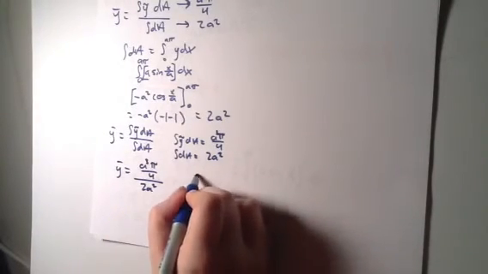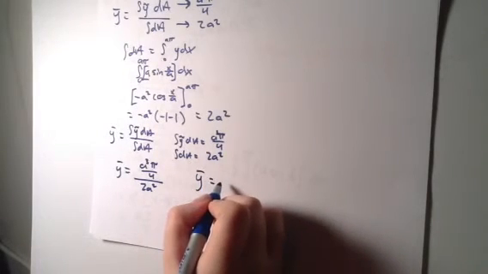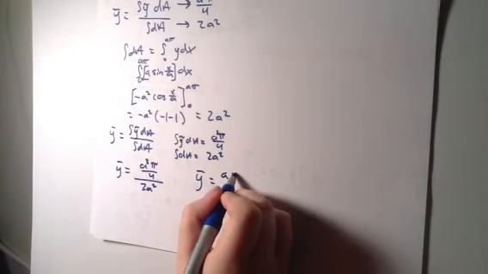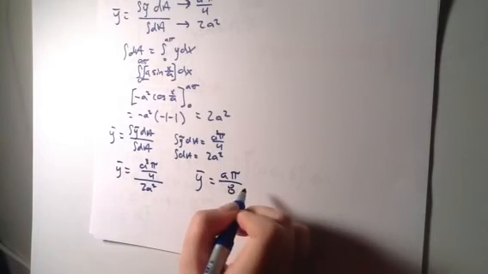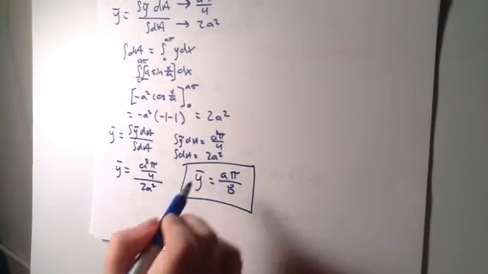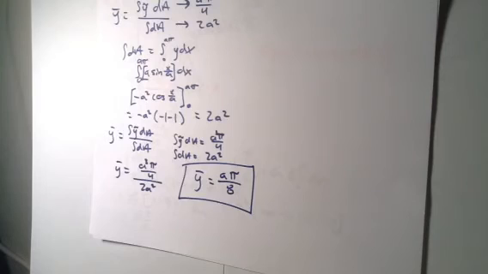So then y bar equals a pi over 8. And that's our problem. Thank you.